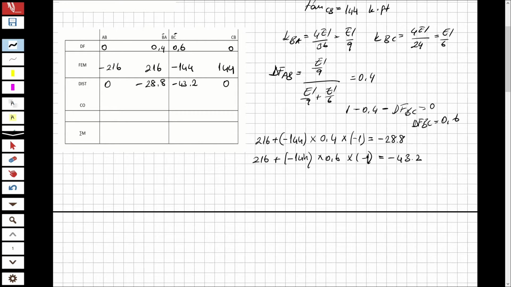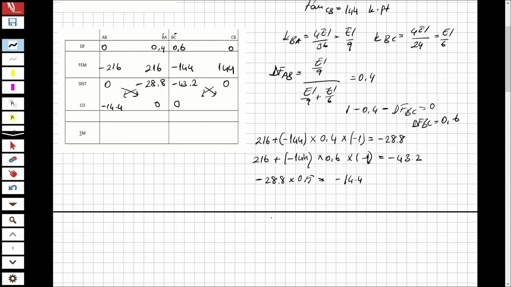And now I have to make a carryover. The carryover will be in this direction and this direction. So this will come here as 0. This is going to be 0 here also. And this is going to be half of this one. So that will be minus 28.8 multiplied with 0.5, which is minus 14.4.